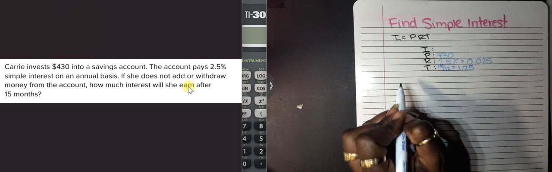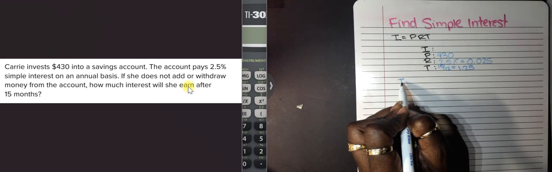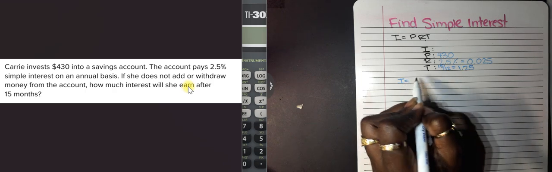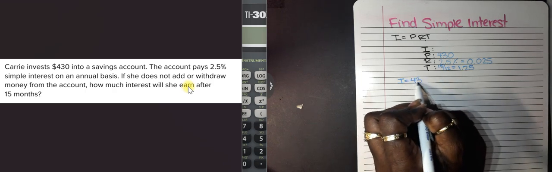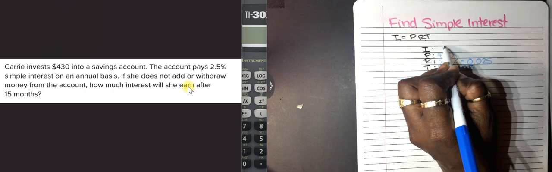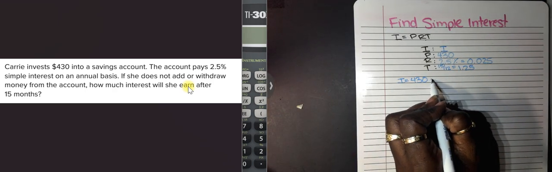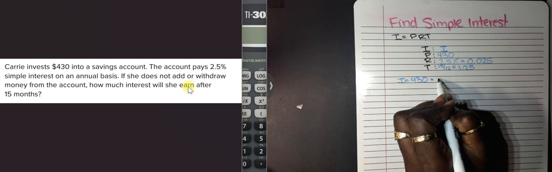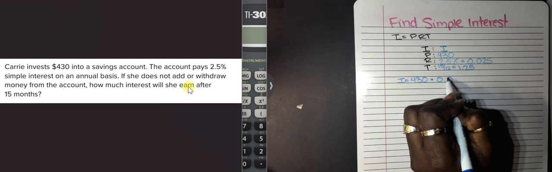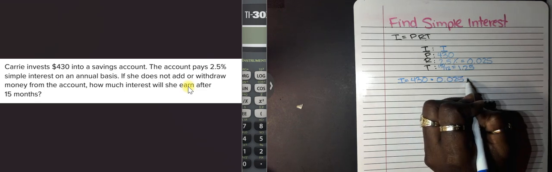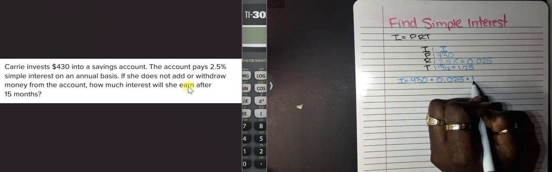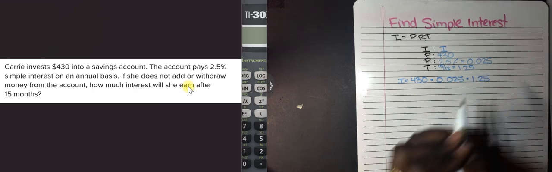So let's plug in what we know. So we know that I is going to be equal to the principal, which is 430. And I did not put my variable there. All right, so we've got 430 times 2.5%, which is also written as 0.025. And then we're going to multiply that by 1.25.